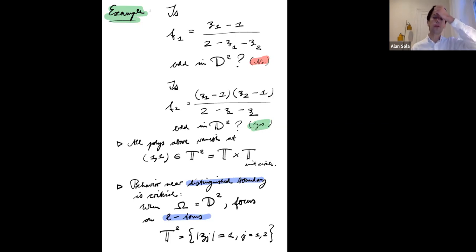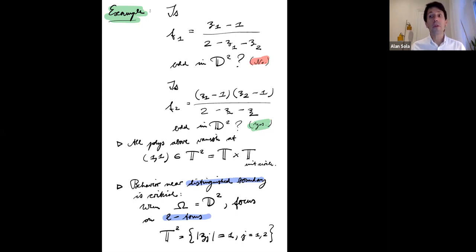Okay, so what if I throw in another factor? So in this case, z2 minus 1. Well, then it turns out that I get a function that is bounded in the bidisk. And the thing to note here is that all the polynomials involved in the numerator and the denominator here have a 0 at the point (1, 1), which is an element of T2, the Cartesian product of two unit circles.